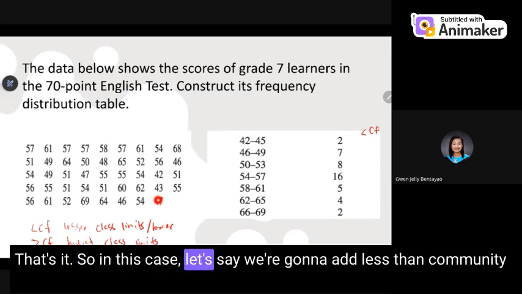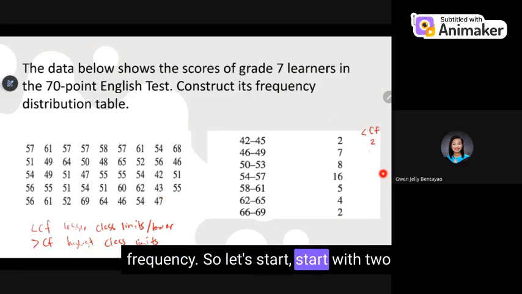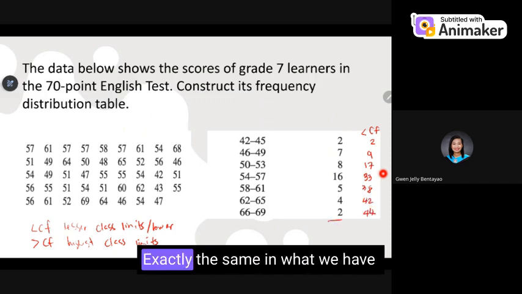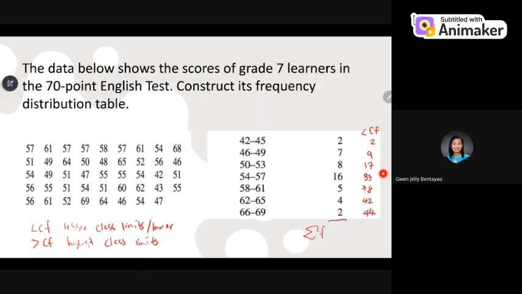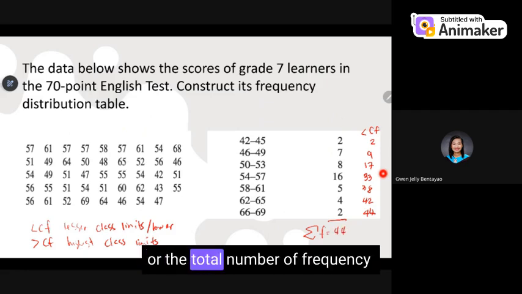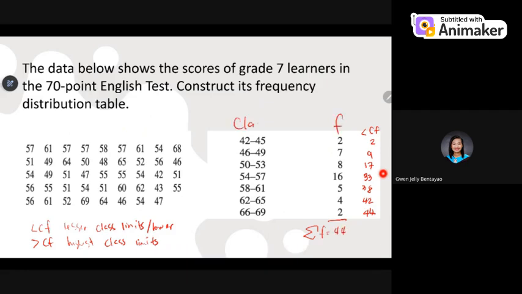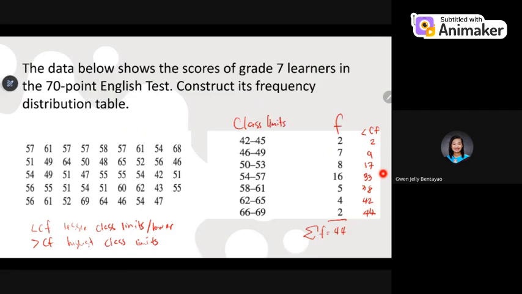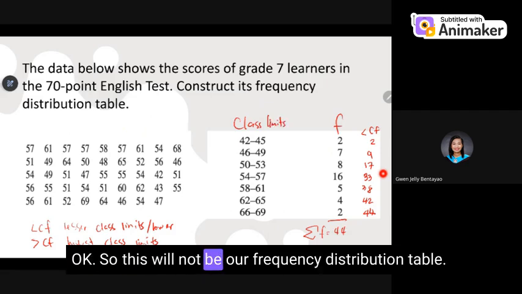So in this case, let's add the less than cumulative frequency. Let's start with 2, 9, 17, 33, 38, 42, and 44. Exactly the same as the total number of frequency for our different class intervals. Okay, so this will now be our frequency distribution table.